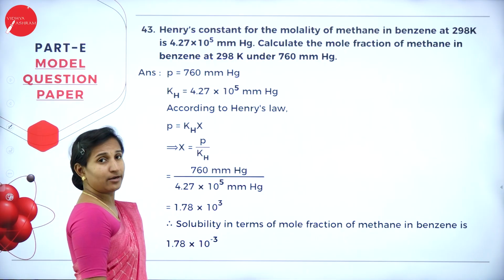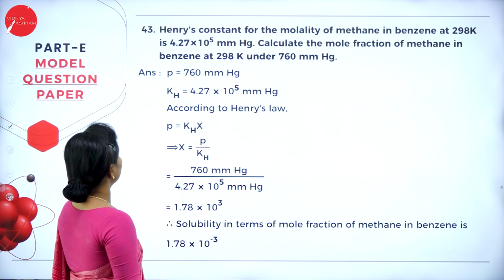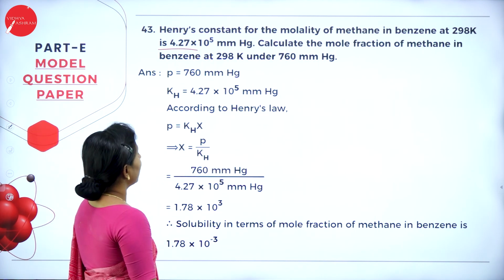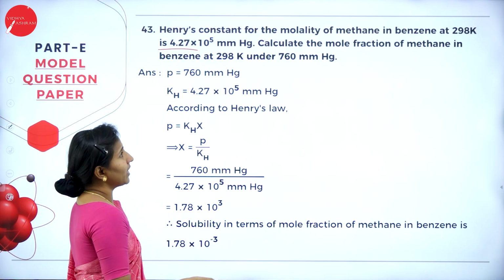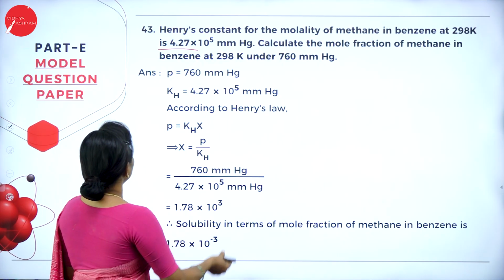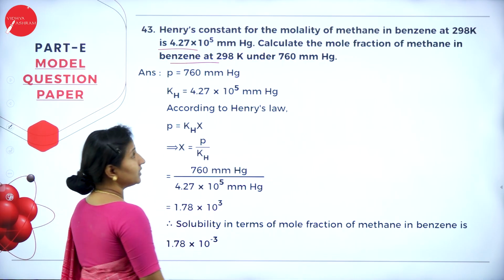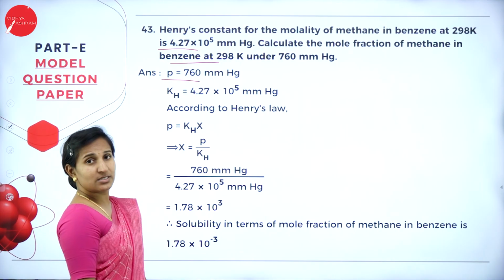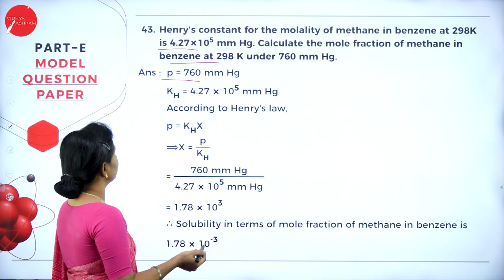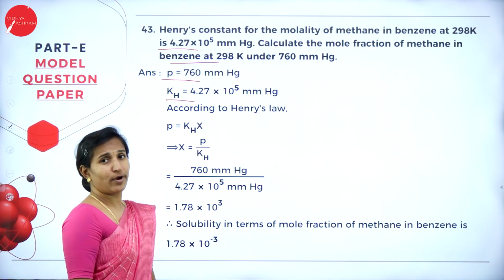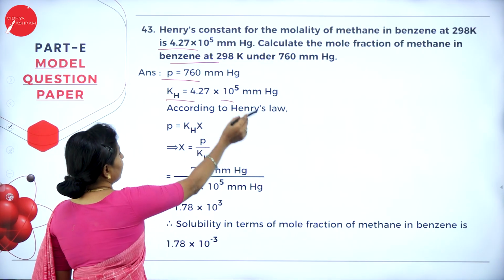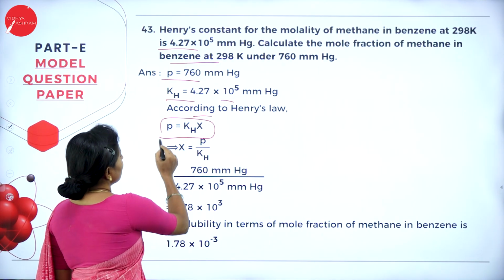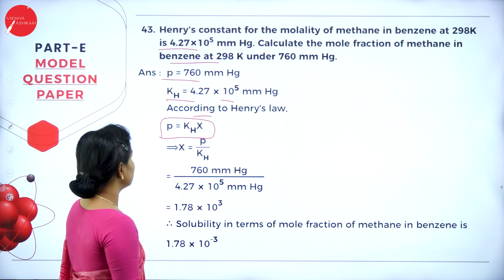The Henry's constant for the molarity of methane in benzene at 298 Kelvin is 4.27 into 10 power 5 mm of Hg. Calculate the mole fraction of methane in benzene at 298 Kelvin under 760 mm Hg. P, that is partial pressure, equals 760 mm Hg. Henry's constant value is 4.27 into 10 power 5 mm of Hg. According to Henry's law, we have the formula P equals Kh into X. X is the mole fraction.